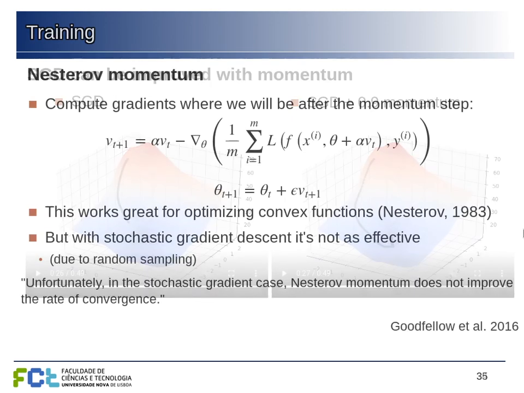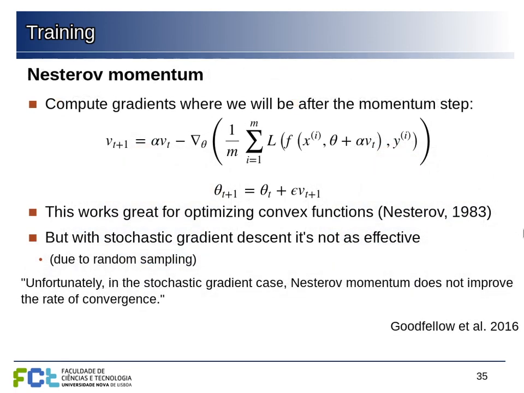There is a better version of momentum, which is to use the gradient as an acceleration to change the velocity, but by looking at the value of the gradient of the loss function when we move at the current velocity.